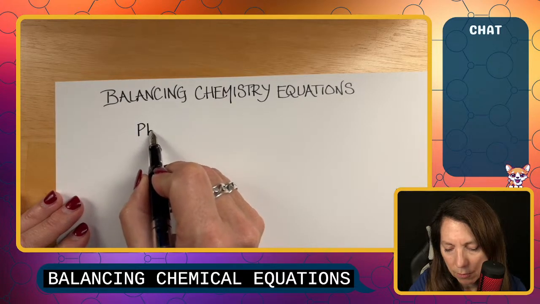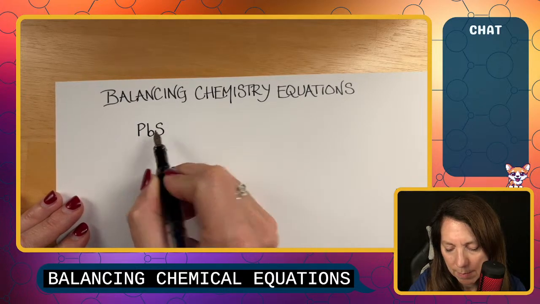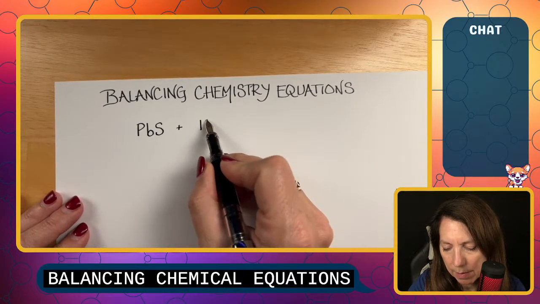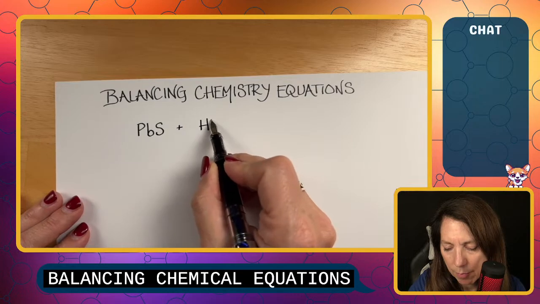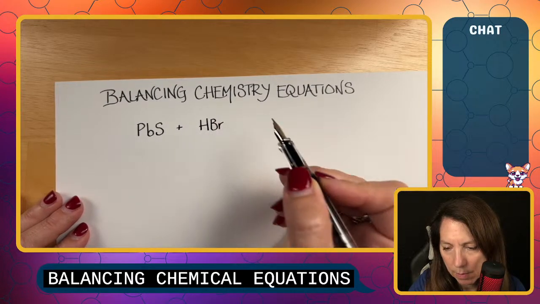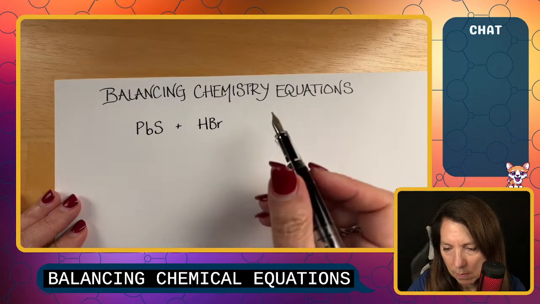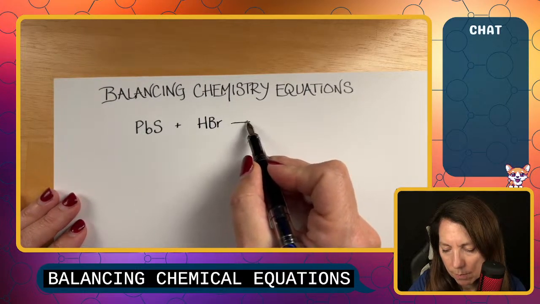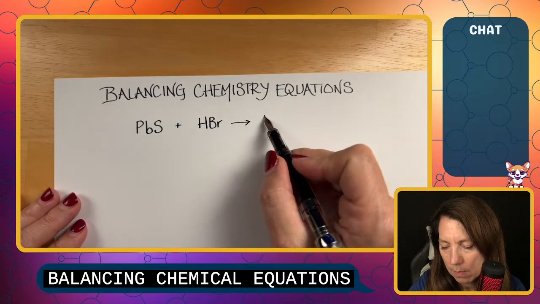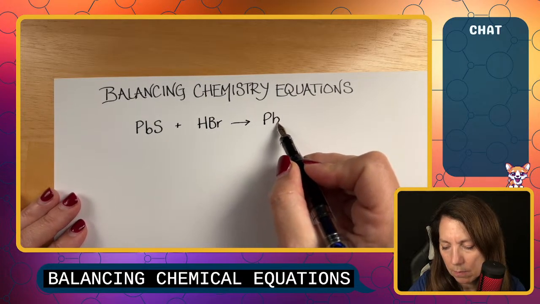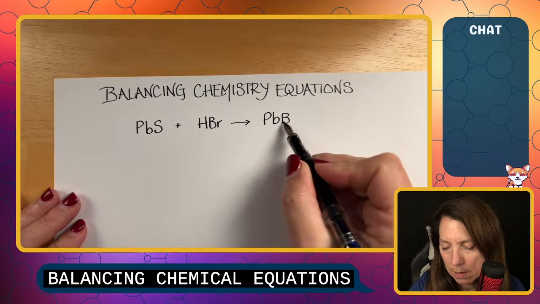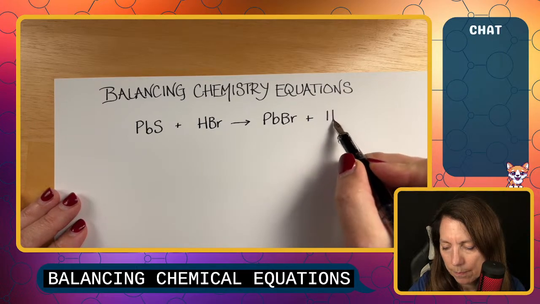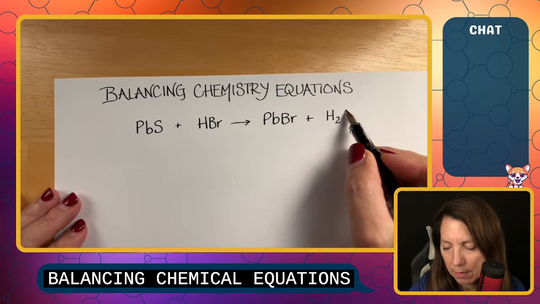So that is our plan when we have, for example, lead(II) sulfide, which is the name of this compound, reacting with hydrobromic acid and forming lead(II) bromide and dihydrogen sulfide.